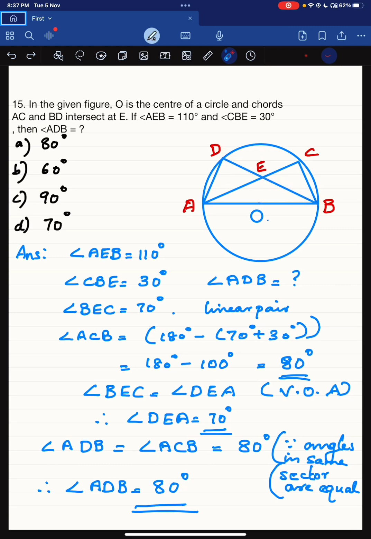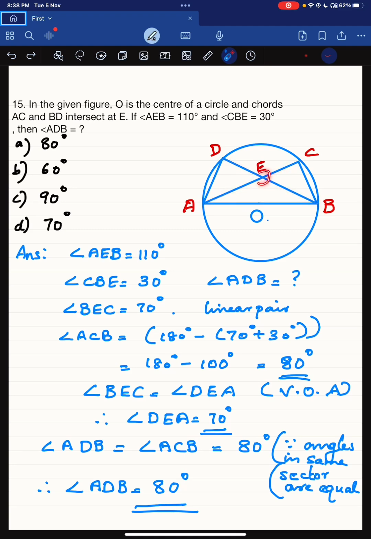These intersect at a point E, right? Here AC and BD are the chords. What is a chord? It is a line passing through two points on the circumference of the circle. That is AC and BD.